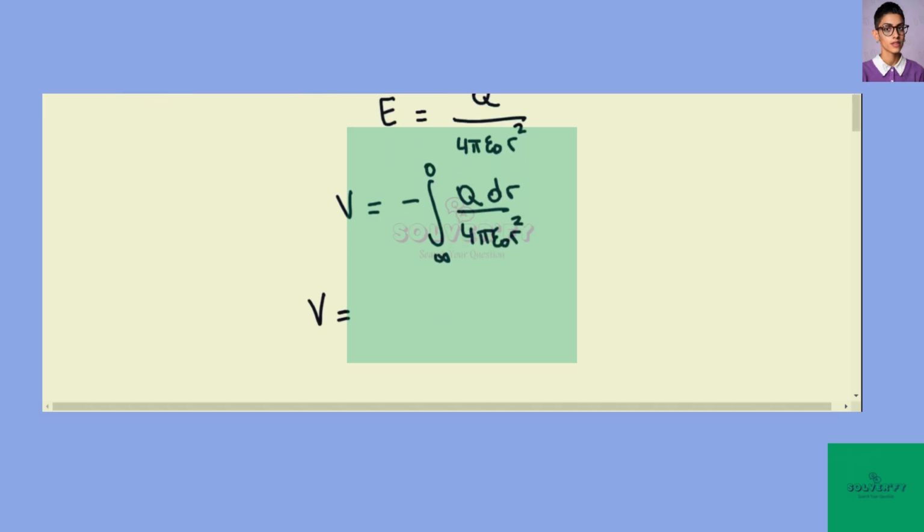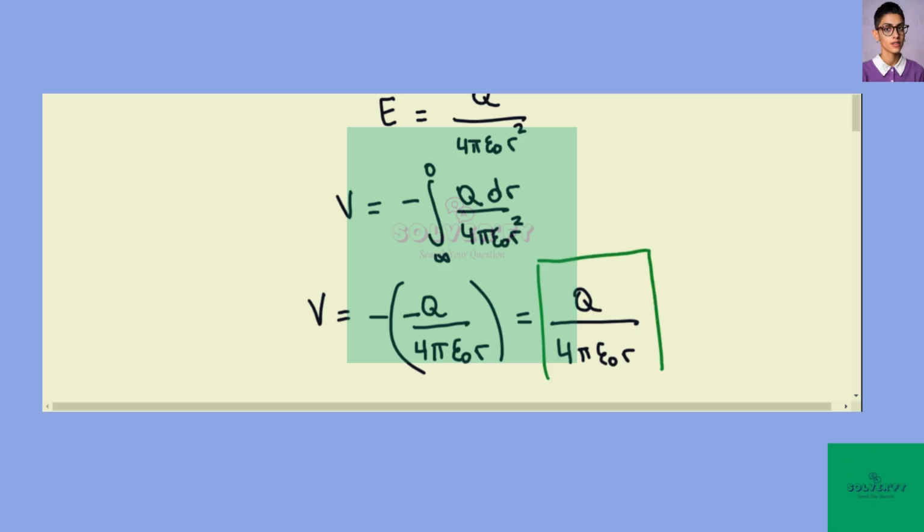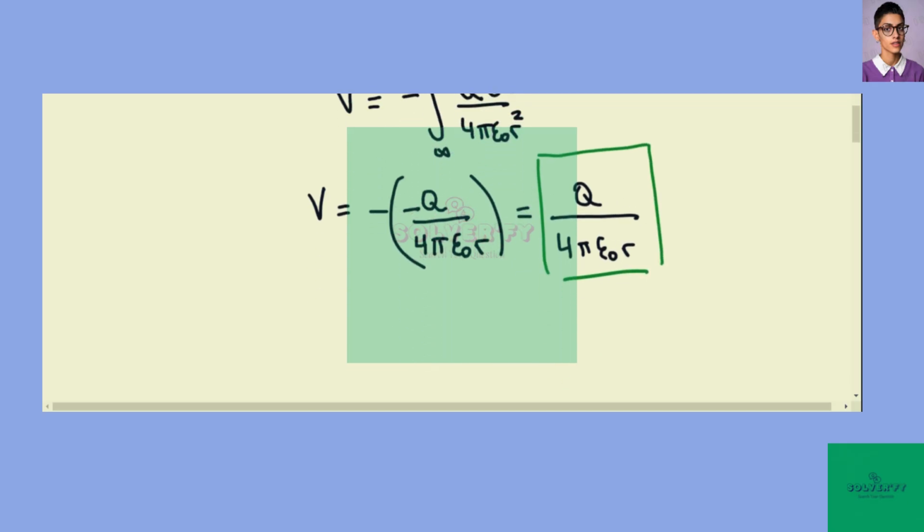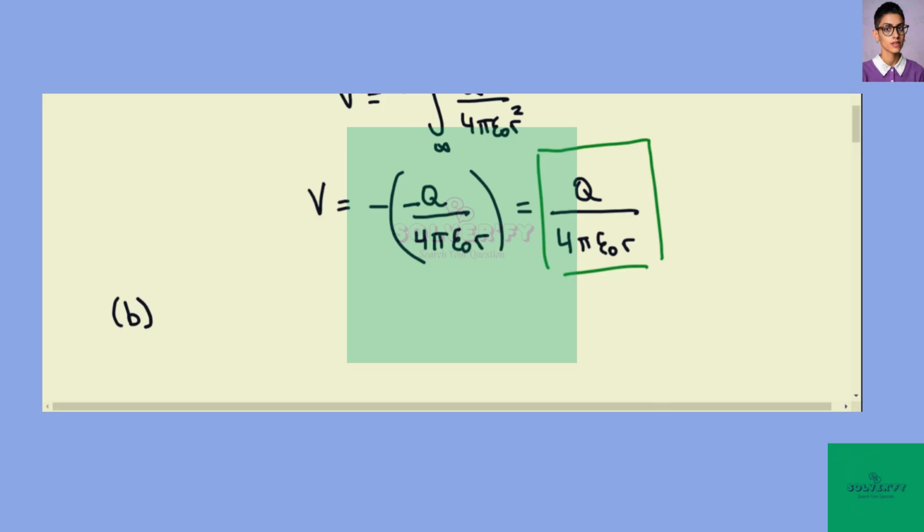So V is equal to minus Q over 4 pi epsilon 0 r, and there is a minus here, so there's an overall positive sign. So V is Q over 4 pi epsilon 0 r. Notice that when r goes to infinity, V goes to zero, as we want.